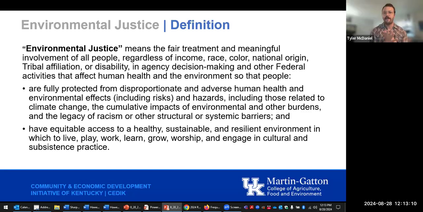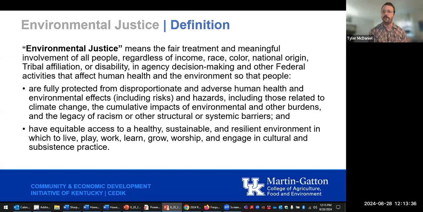So we're going to dive into, as Shane mentioned, defining some of these different words, terms and phrases that you're going to see throughout the application process. And then we'll get into some of those tools and how to drill down into those terms and ideas through these different mapping tools and data tools. So right here, we have a pretty long, broad definition of environmental justice.